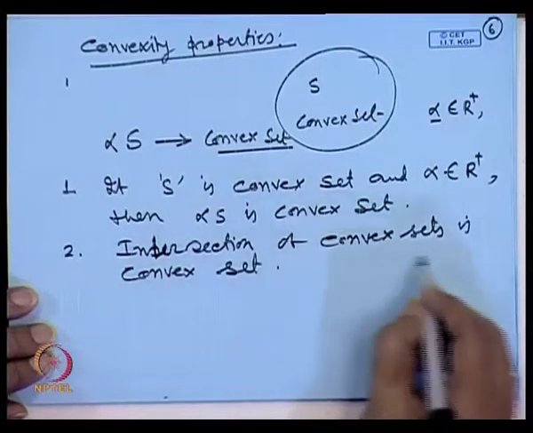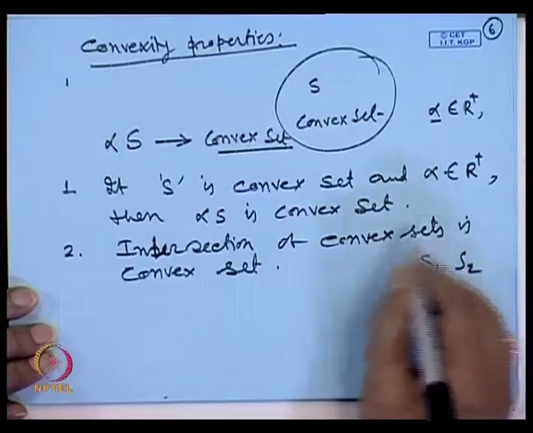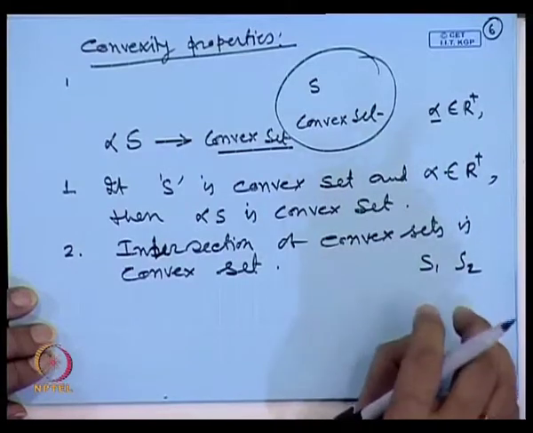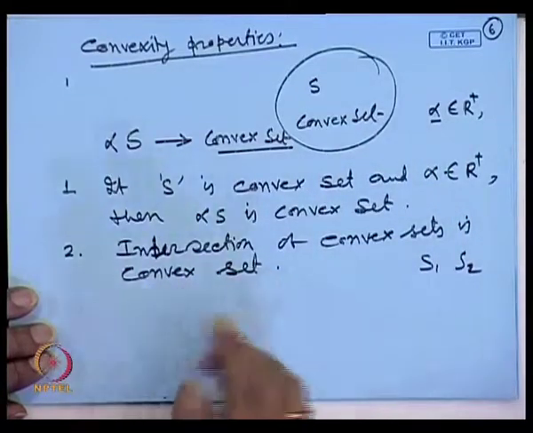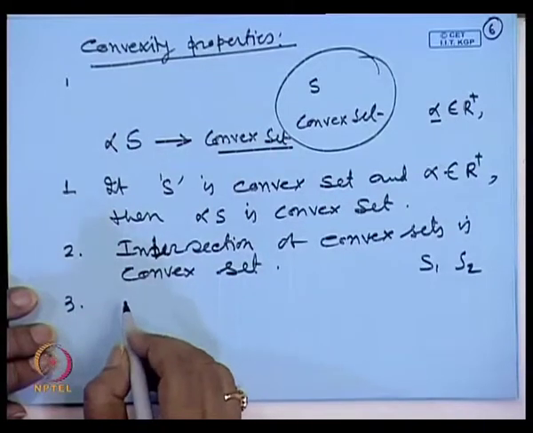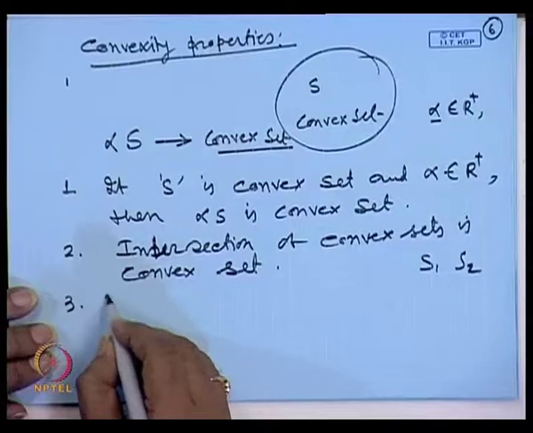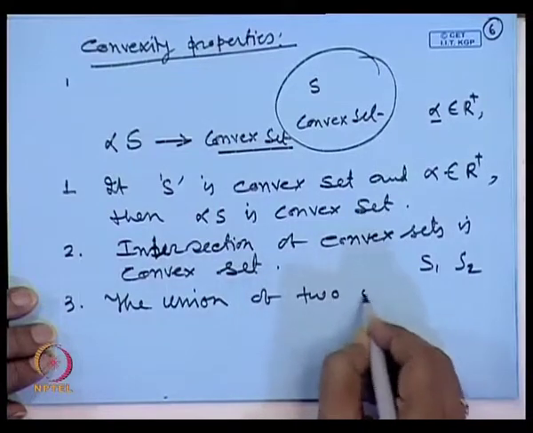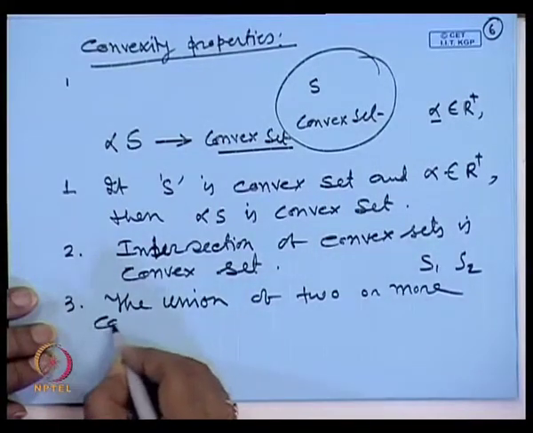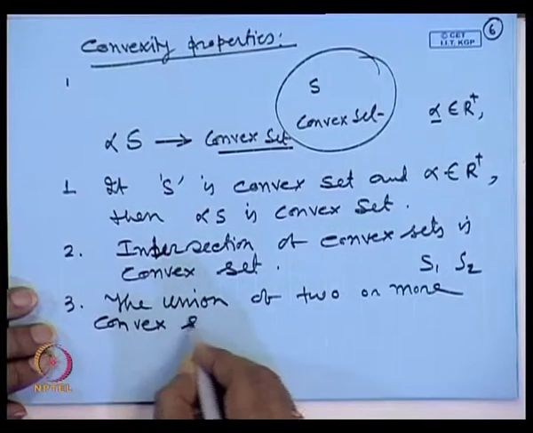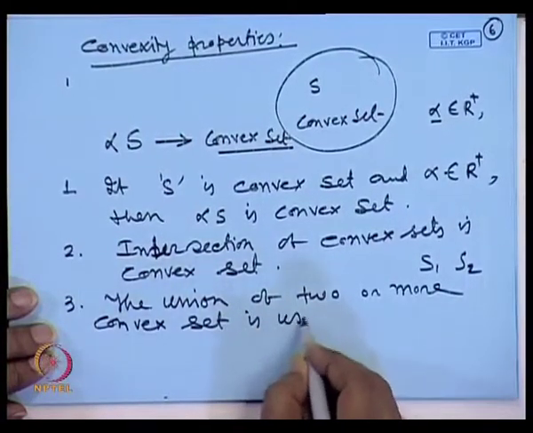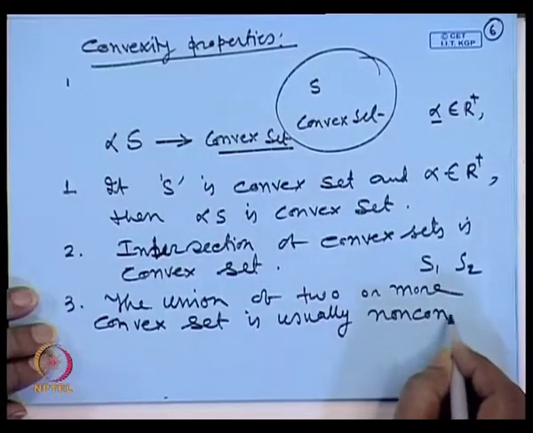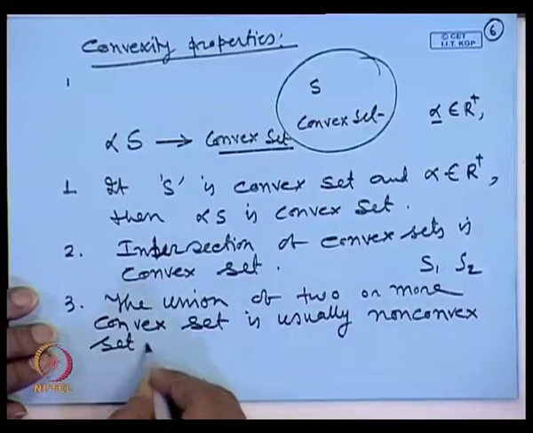The two sets are there, let us call S1 and S2. The two sets intersect, and the common set belongs to that convex set. The union of two or more convex sets is usually a non-convex set.